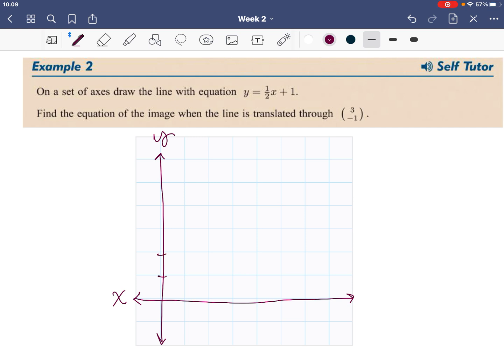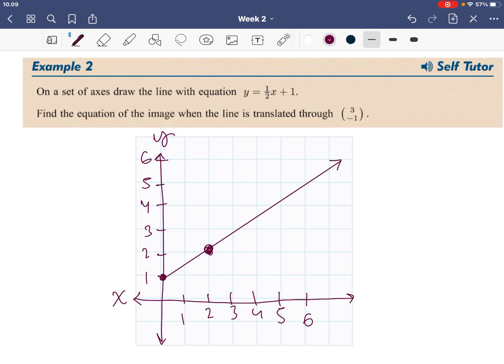So let's label these, making sure what unit you go by. 1, 2, 3, 4, 5, 6. 1, 2, 3, 4, 5, 6. Okay. Y-intercept is 1. Rise 1. 1, 2. And pretty much you only need 2 points, right? Because 2 points make a line. So that's what we're gonna do.